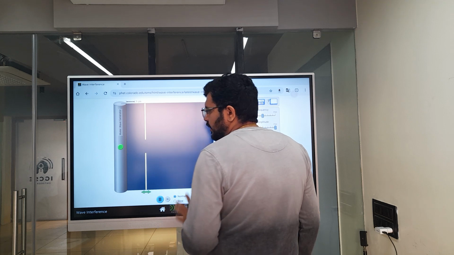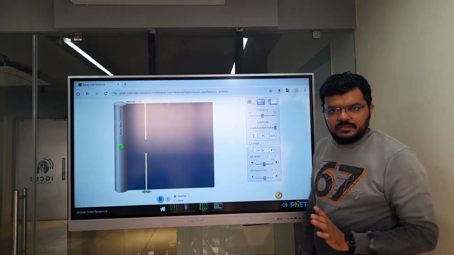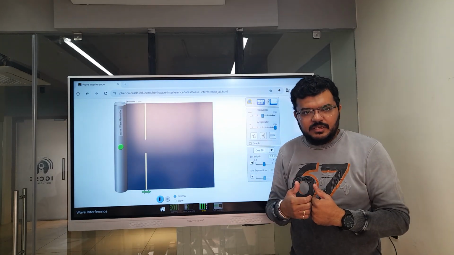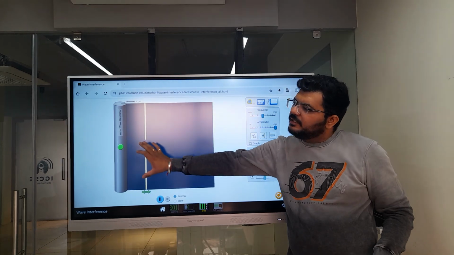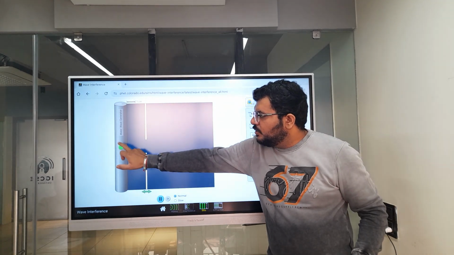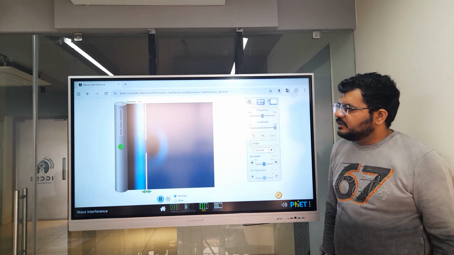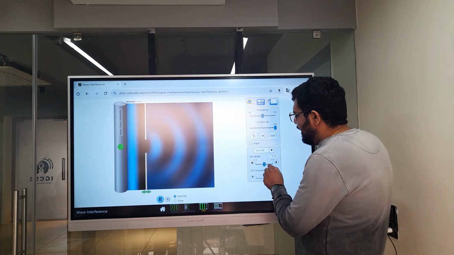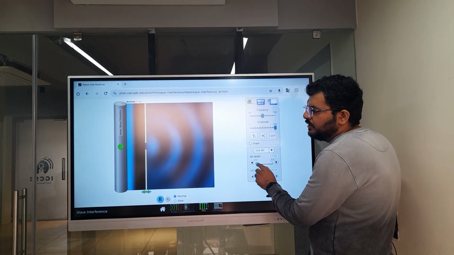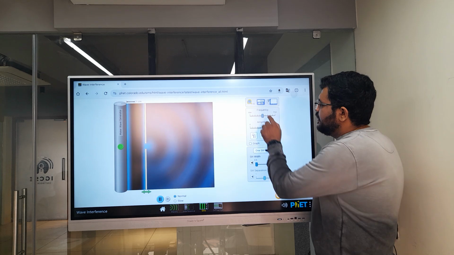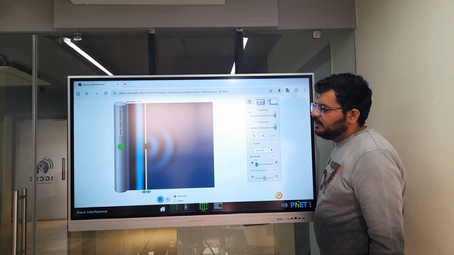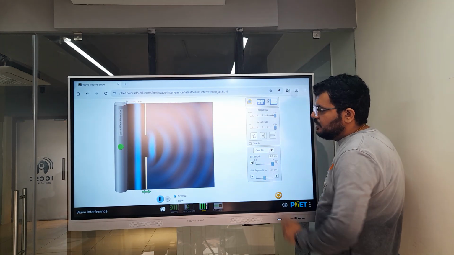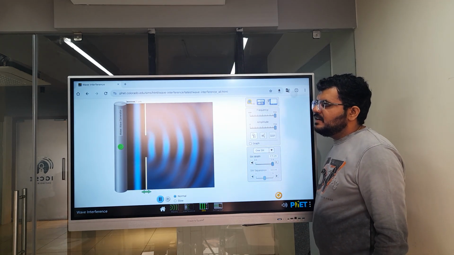Look, for example, this is a water wave generator, and there is a gap, imagine a harbor. This is like small mountains or a gate, and this is the water wave. What will happen if the water wave generates like this? See, it's bending around the corners. And if this gap, if the slit width gets smaller, it starts spreading. Let's say I increased the frequency so that it makes more sense. But if the slit width is very large, it will only bend around the corners.